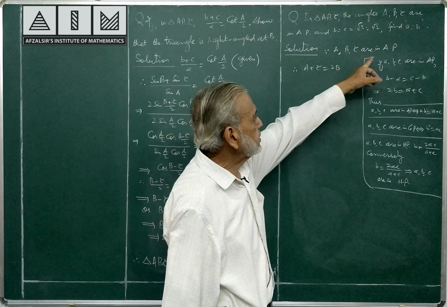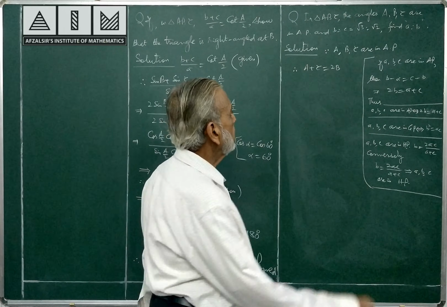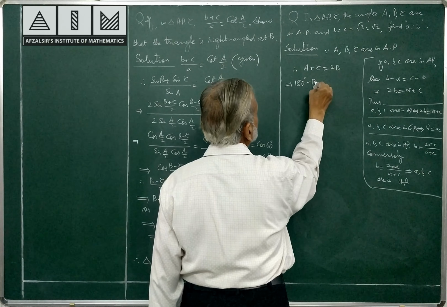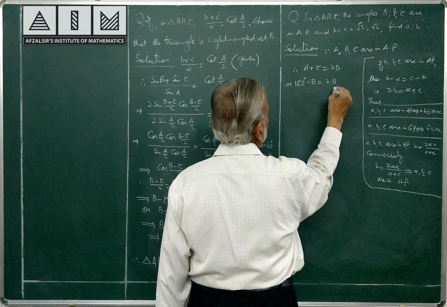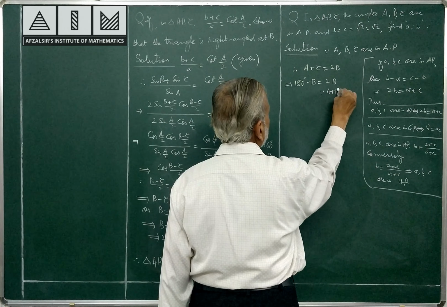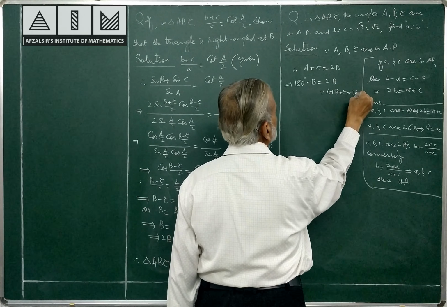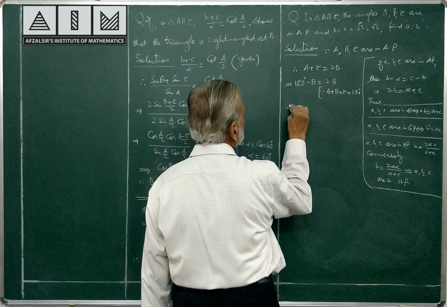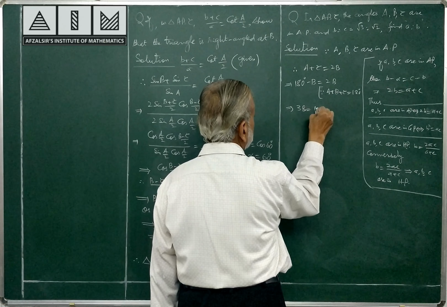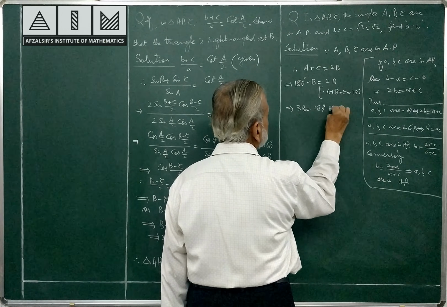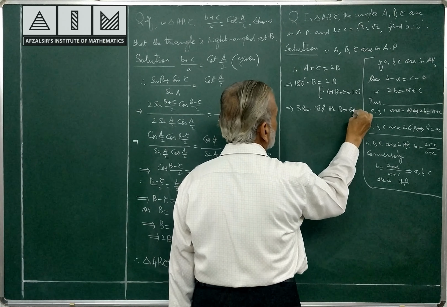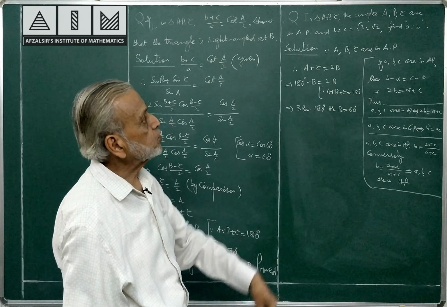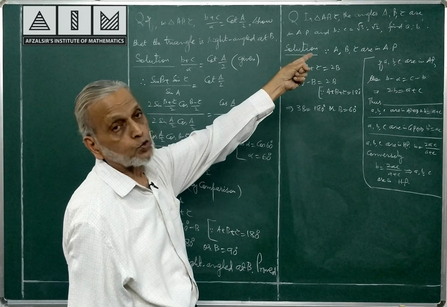Let us start now. A, B, C are in AP. A plus C is equal to 2B. A plus C, you know, is 180 minus B is equal to 2B. Since A plus B plus C is equal to 180, that means 3B is equal to 180 degrees, or B is equal to 60 degrees. What is given there? b is to c is equal to root 3 is to root 2.